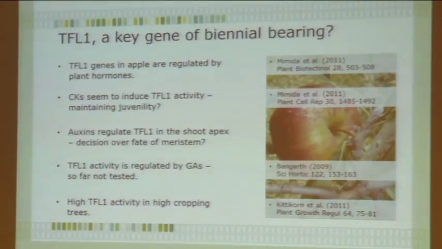And indeed, when we look at the crop load in apple, TFL1 seems to be highly regulated in high cropping trees, and that might already be one indication that TFL1 is in fact the gene or one of the key genes that inhibits flowering under high cropping situations.